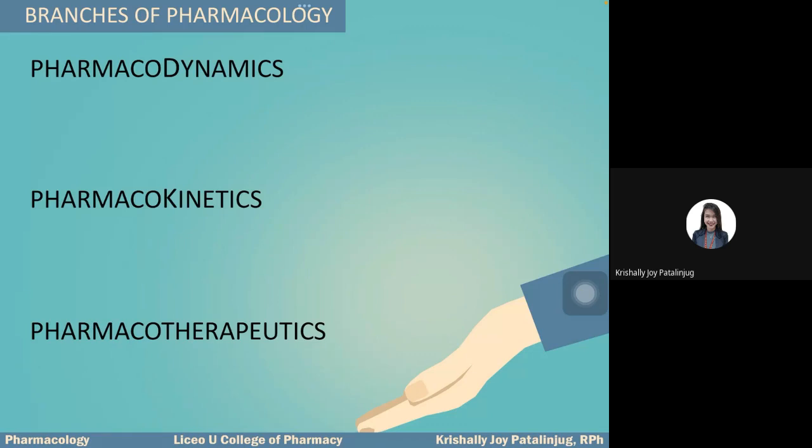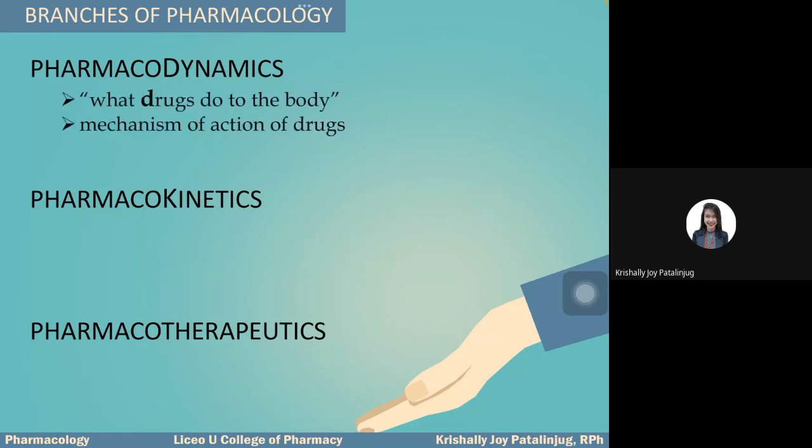So in pharmacodynamics, in operational terms, this is what the drugs do to the body. Okay, so what does the drug do to the body when it is being administered? Of course, it will produce a useful, a beneficial, a clinical effect. So they carry specific mechanism of action. So that's the focus of pharmacodynamics.